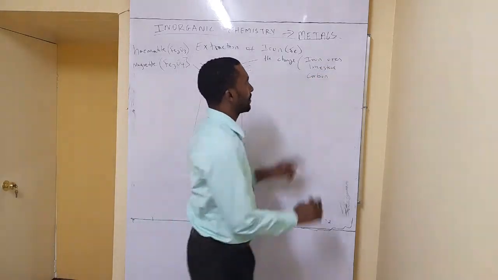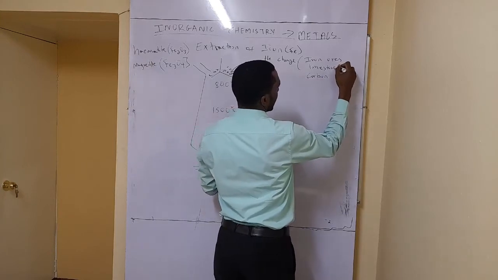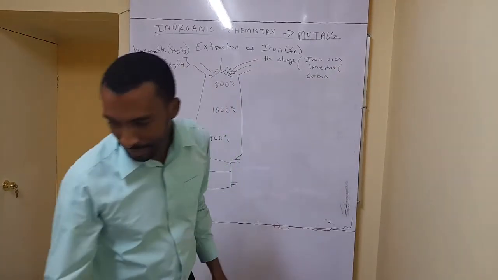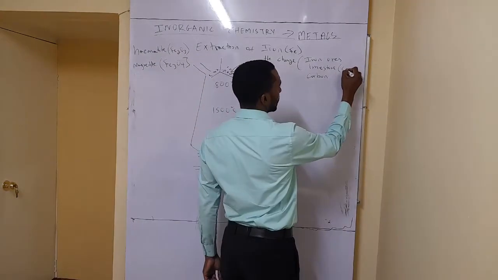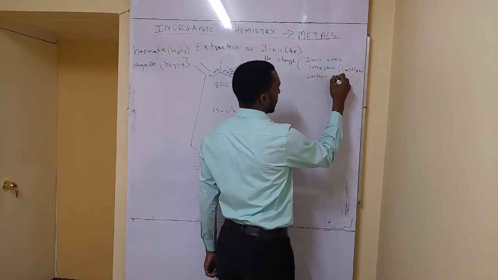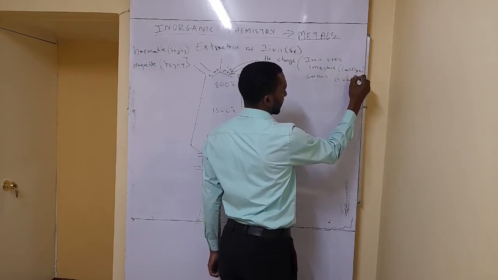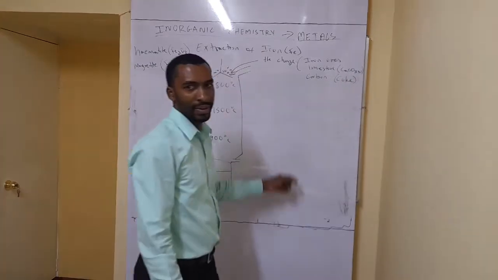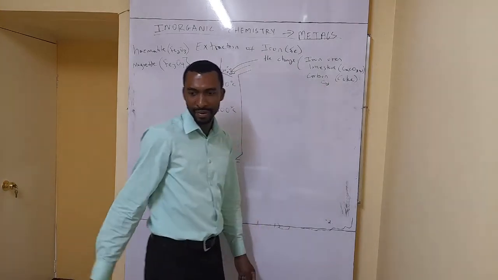The ores are the hematite and the magnetite. The limestone is calcium carbonate. And the carbon is normally referred to as coke, but it's just carbon, solid, pure carbon, right?